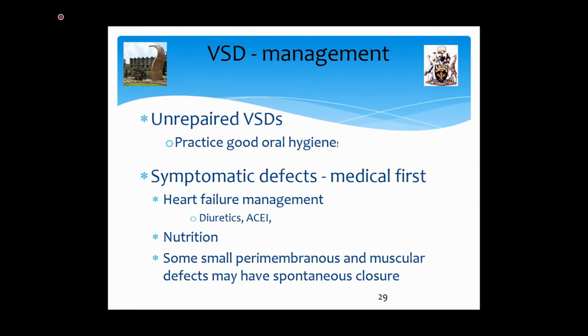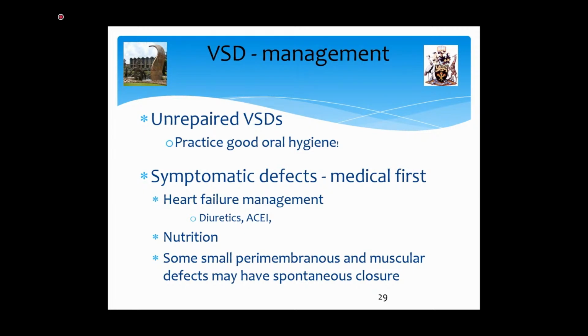Usually, the VSD management is supportive care, support the child to grow. If they're in heart failure, manage the heart failure. Volume overload will be reduced by diuretics, and that's preload, and afterload you reduce by ACE inhibitors.